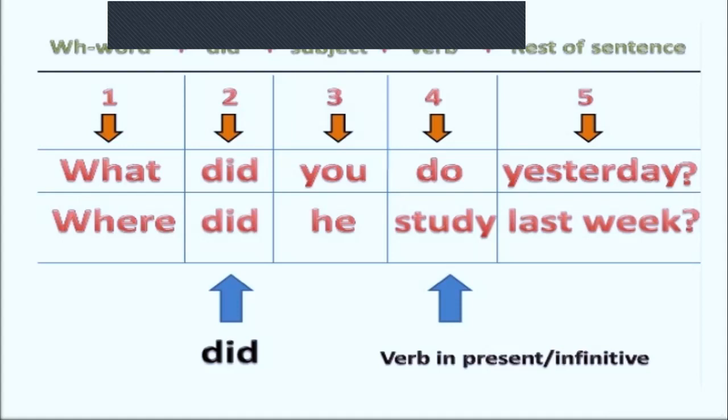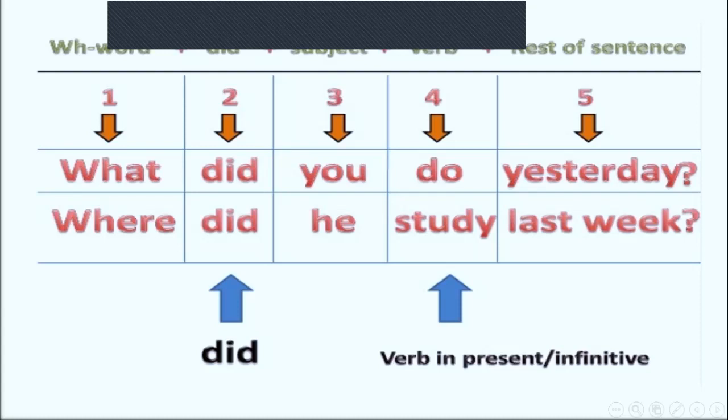Plus subject like you, he, she, it, we, they, or any plural noun or singular noun. Plus verb in infinitive. Plus time expressions like yesterday and last week. We say they are time expressions or keywords.